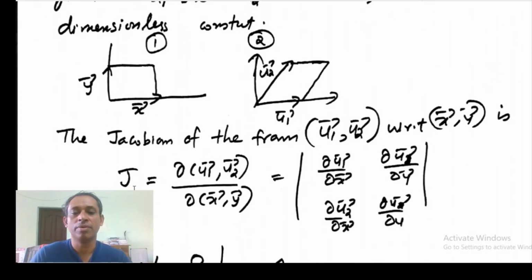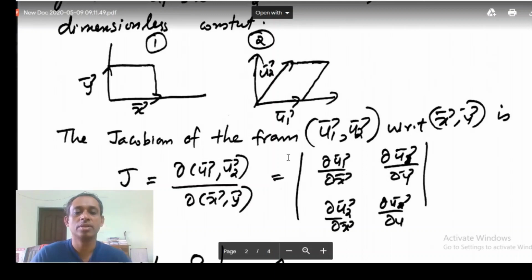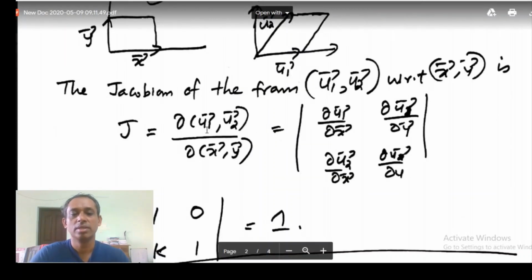What we have to find is the Jacobian of the frame u1, u2 with respect to x, y.